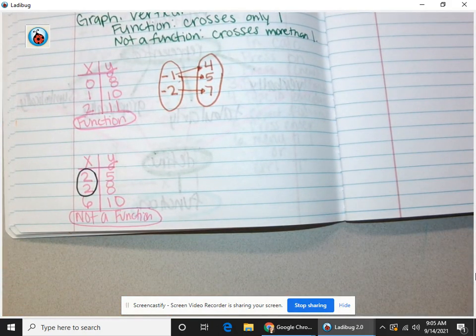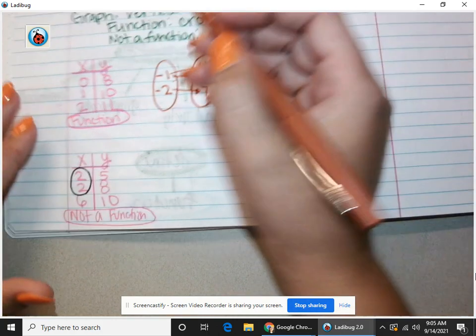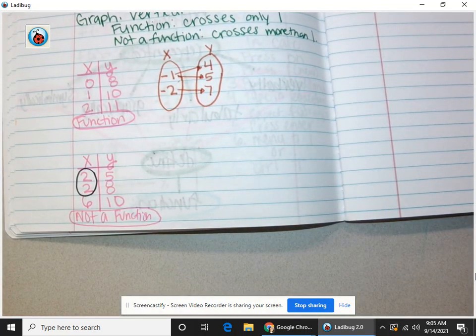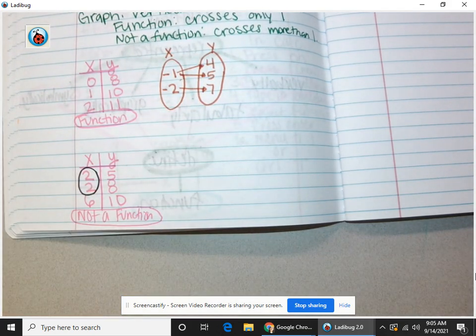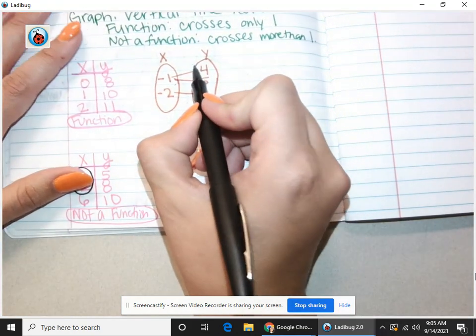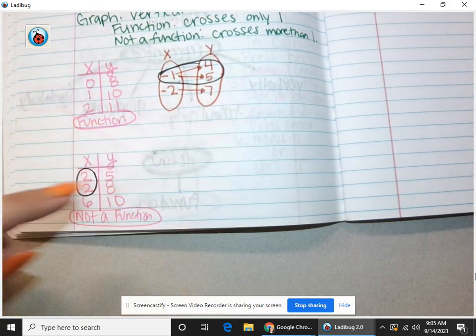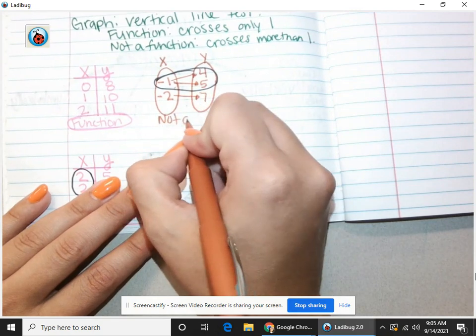Okay, when we're looking at mapping, I just want to remind you, this is like our x values and this is like our y values, just like our tables. I probably should have reminded you up front. So, is this a function? No. Why? Because of these right here. My x is going to more than one y. So this is not a function.